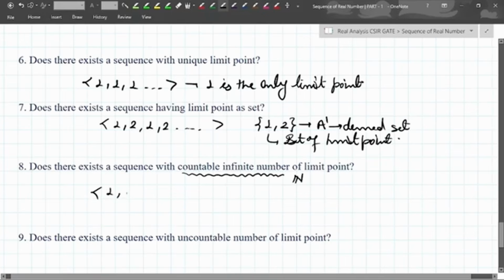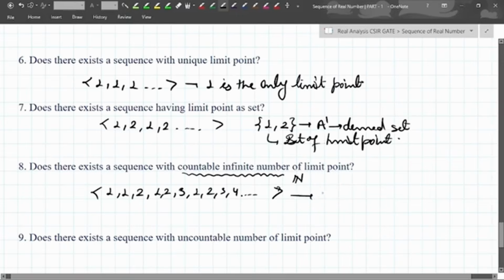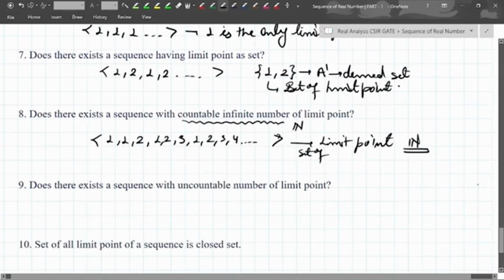We have a sequence like this: 1, 1, 2, 1, 2, 3, 1, 2, 3, 4, and so on. Then the set of limit points is nothing but the natural numbers. 1, 2, 3, 4: all are going to be limit points.